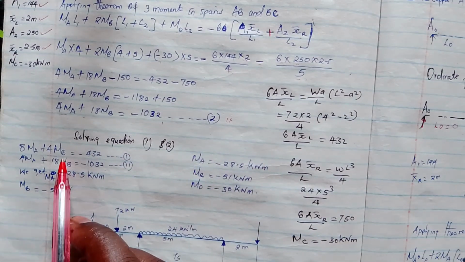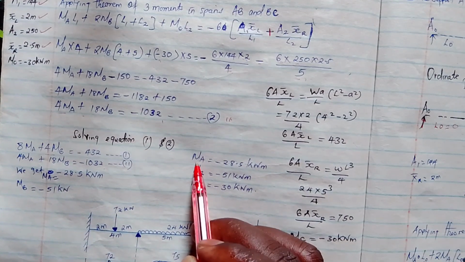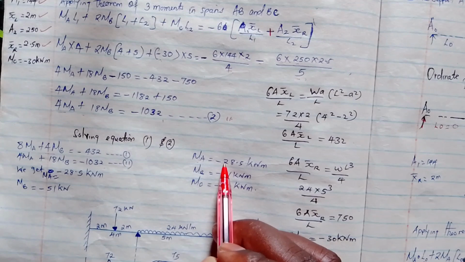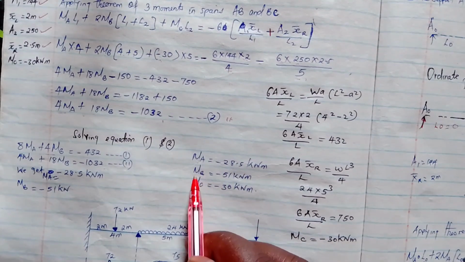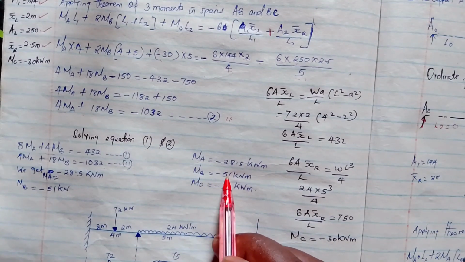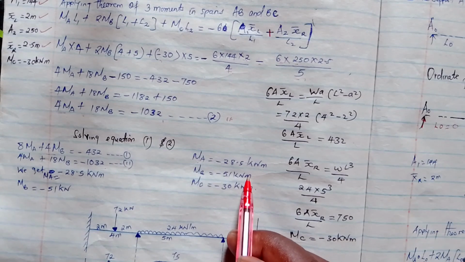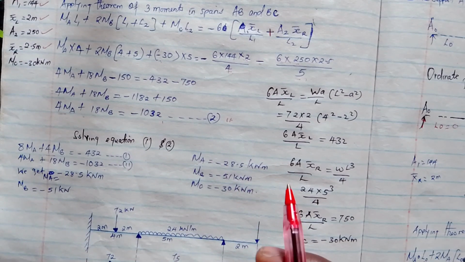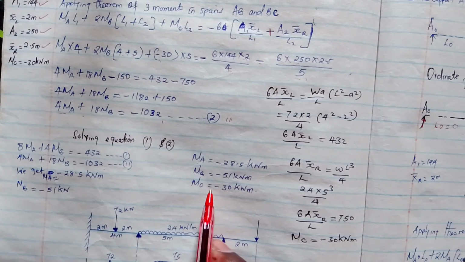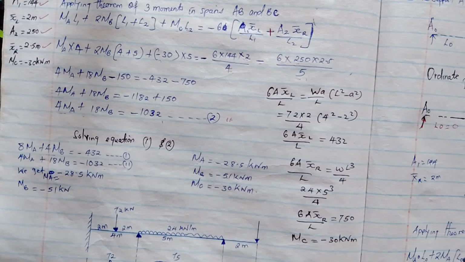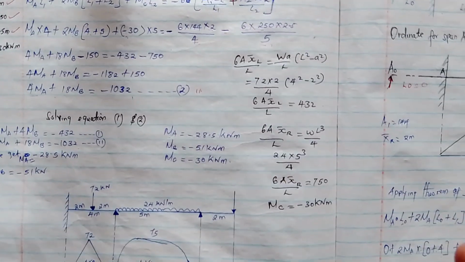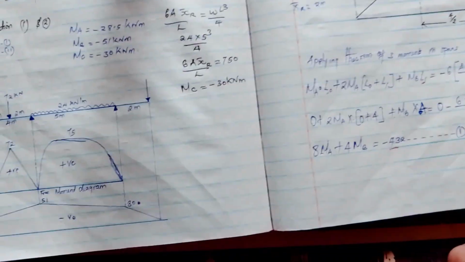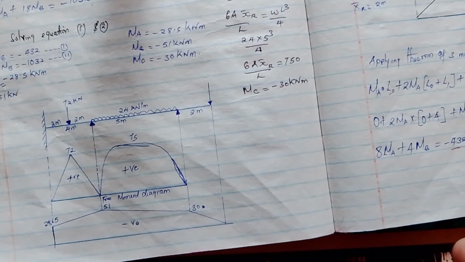Then after solving, we got MA equal to negative 2.85, MB negative 51, and the last one, MC, was negative 30. After that, we draw the diagram. Now after doing all of this, we should draw a diagram.